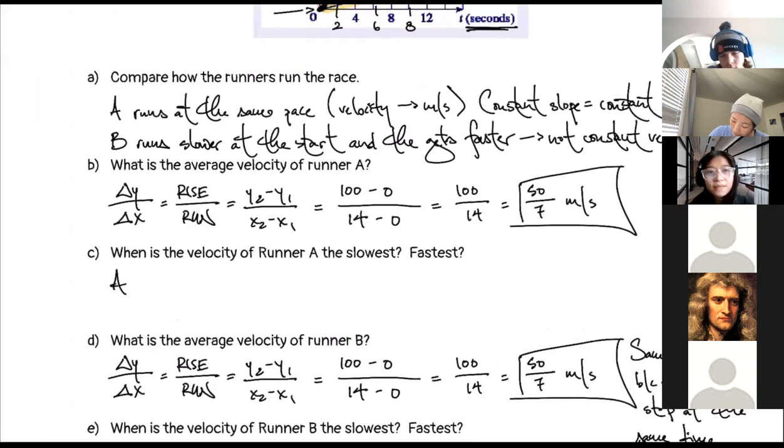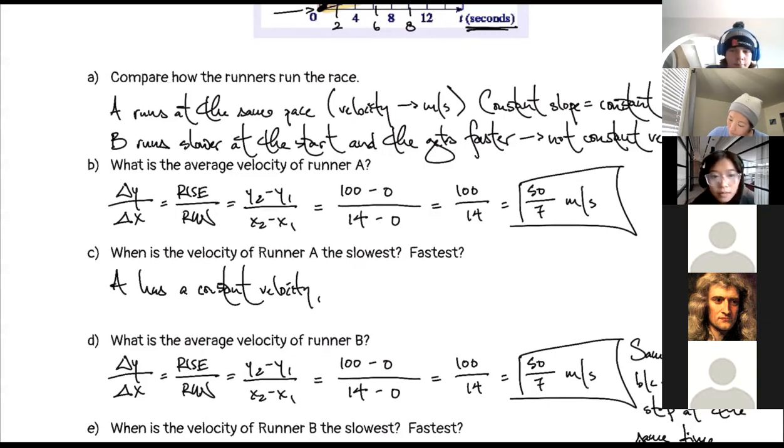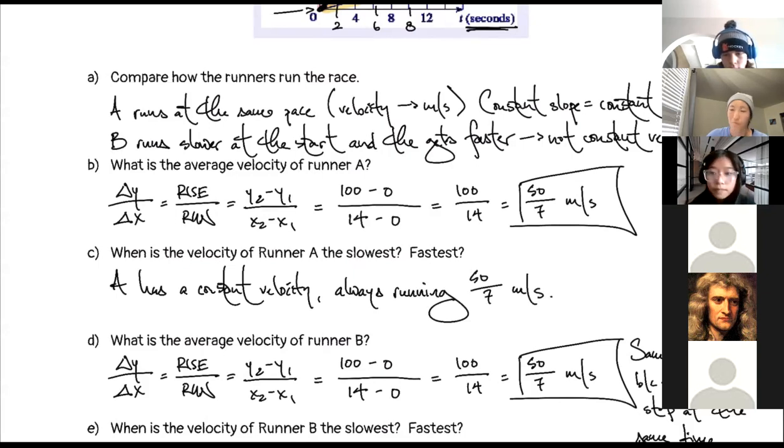And I guess we're at the origin, it's pretty much the slowest because there's no speed, but it's constant velocity, so there's pretty much no slowest or fastest. Okay, so always running at that 57th meters per second. I agree.